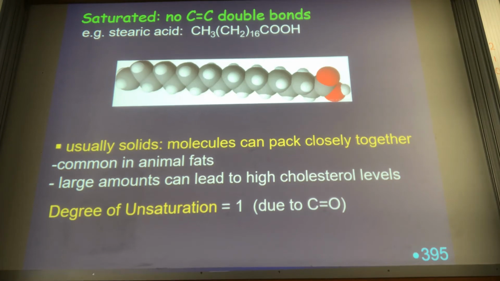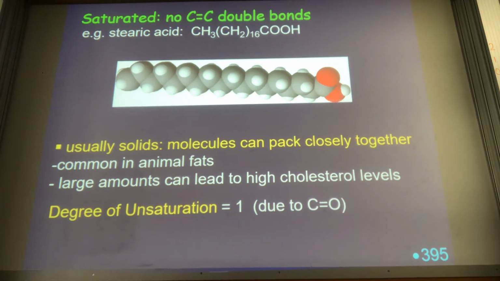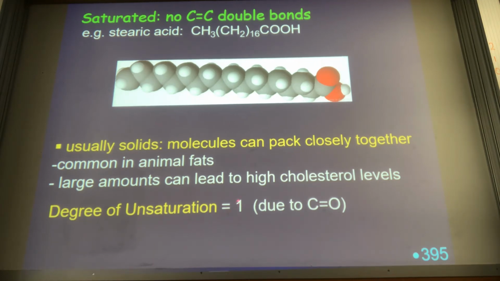Of course, the alkane would be C18H38, so it's a degree of unsaturation of 1, and that is due to the C double bond O in the carboxyl group on the end. So there's always that extra degree of unsaturation in a fatty acid due to the carboxyl group. We're not particularly interested in that, we're interested in the carbon-to-carbon double bonds, and this one has got none of them.